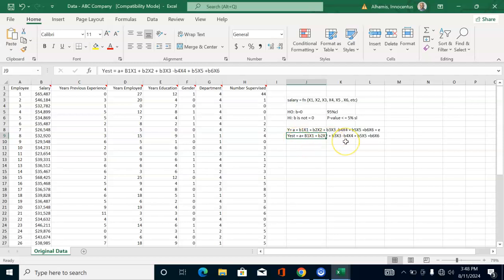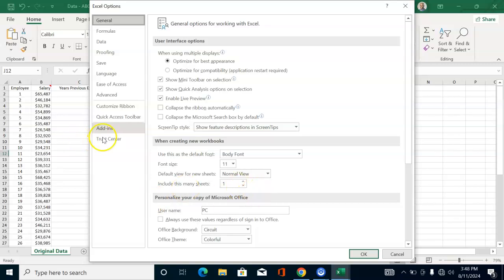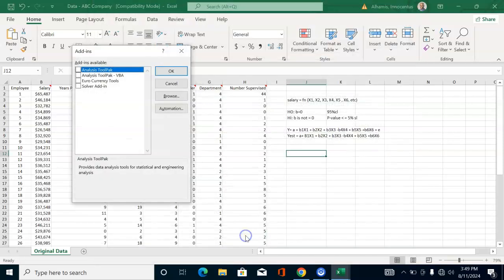And once we have this, then we can run regression to test the slopes of these variables. All we're going to do is go to the file, because this is the first time for me to use this computer. Let me go to the file and go to the options, and in this case I'm going to add-ins and then go.